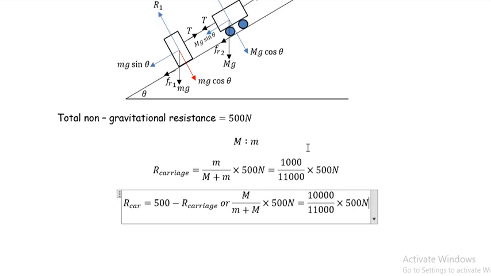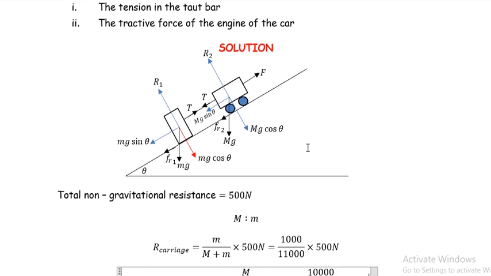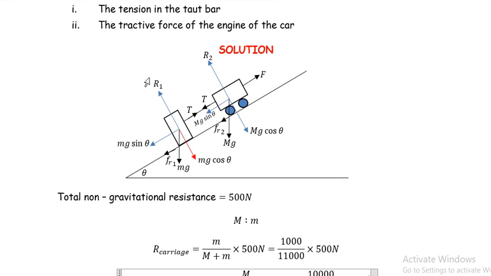All right, so we now have to come back to our diagram, and then we indicate that resistance, that non-gravitational resistance. Okay, we have to indicate it. So for the carriage, I'm going to call it arrow carriage. And it's actually in the direction of motion. It's in the direction of the slope.